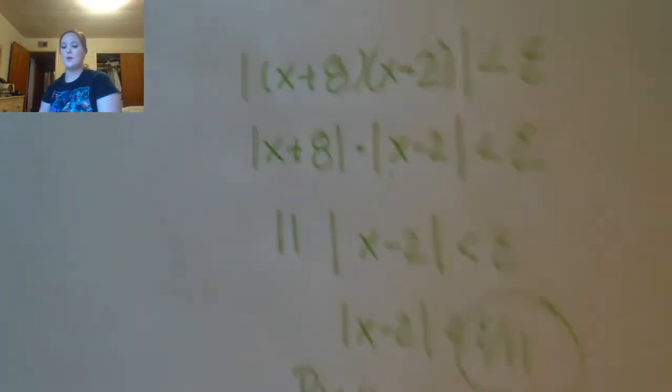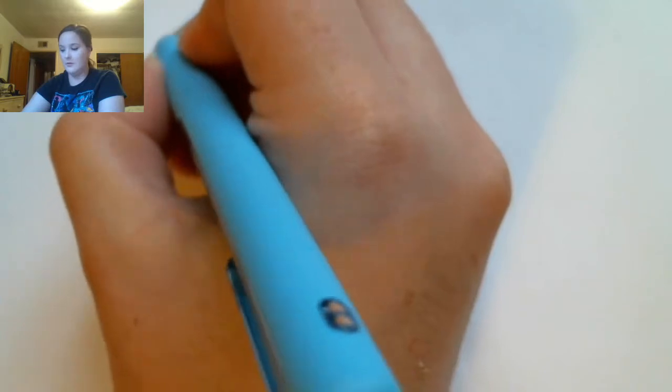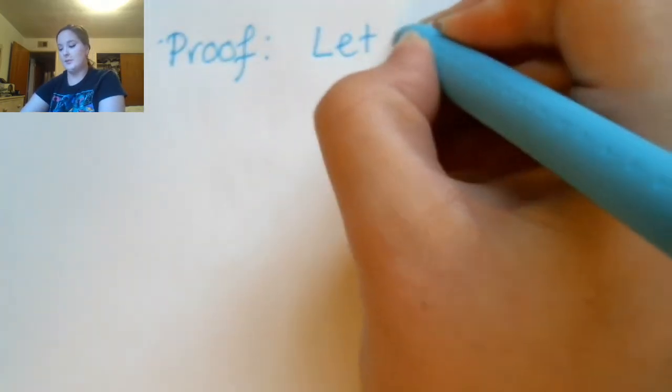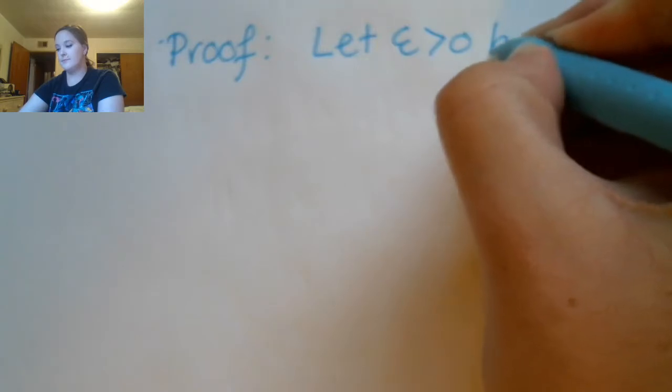So again, we're going to be careful when we start our proof, because when we picked our value for delta, we had two different conditions, right? We want it to be epsilon over 11, but we also want it to be less than 1. So let's go ahead and start our proof, using the same structure as the previous example. We start by saying let epsilon greater than 0 be given.